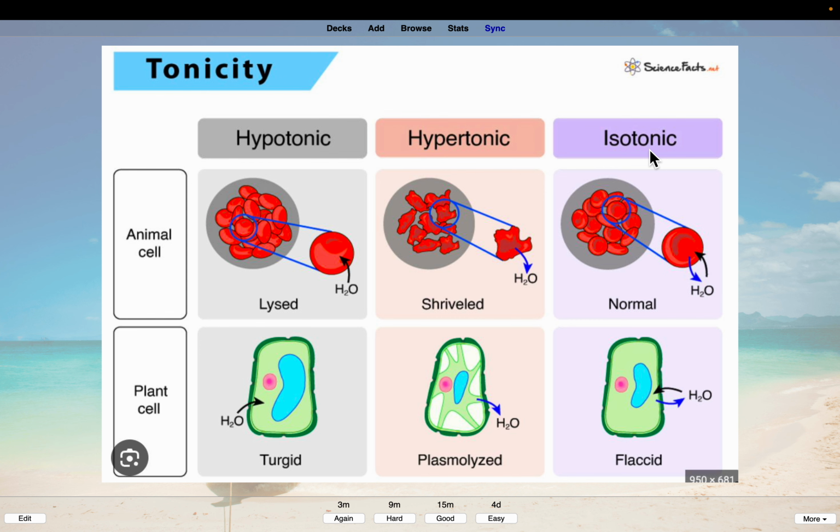Okay, the environment that we say is the normal environment, you call it isotonic. So for the animal cell, it's normal. There is a balance in the proportion of solute to solvent, salt to water. In the plant cell, of course, it's better for its shape to be turgid, but it's not that bad for it to be flaccid.